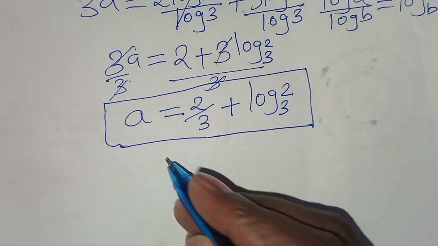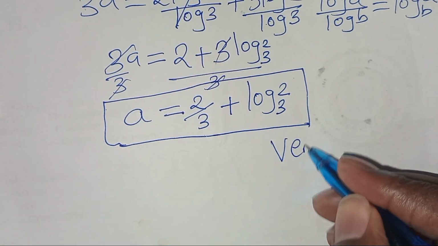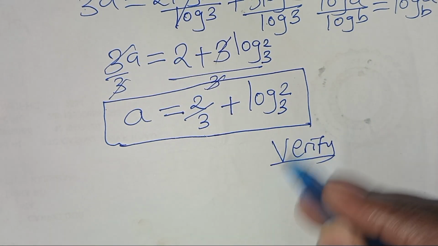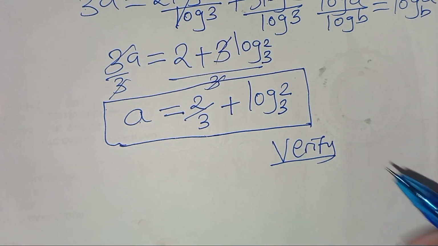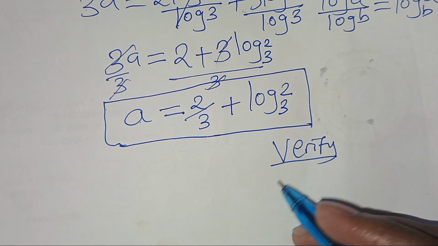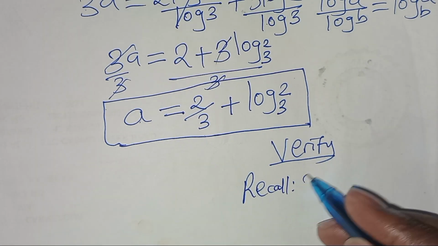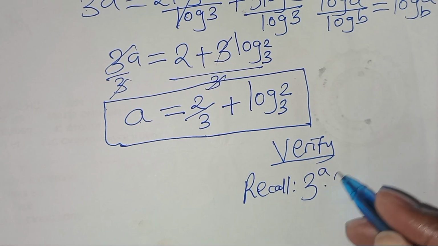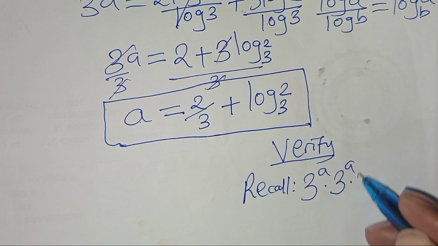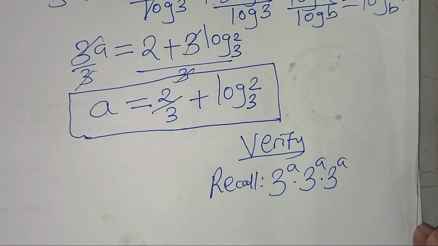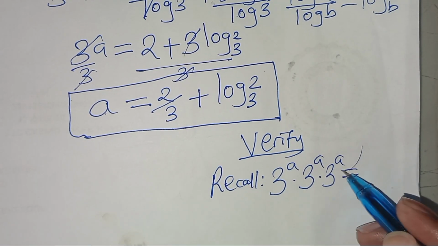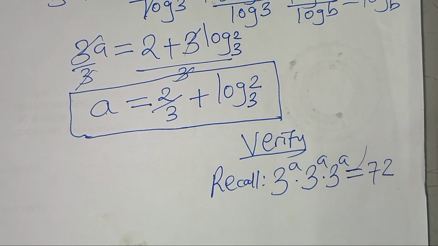Now let's verify that this value of a actually satisfies the equation. If you recall, 3 to power a multiplied by 3 to power a multiplied by 3 to power a should give us a value of 72.